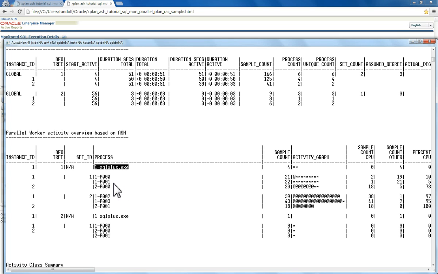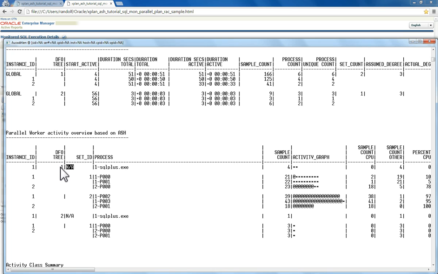But the point I'm trying to make here is that if you have activity sampled of the query coordinator, then it will either show up within the DFO tree, when it can be related to a DFO tree, but the set, since this is not about parallel slaves, there is no point in pointing out a set, therefore this is not applicable here. That's the reason why the set ID here shows up with this NA, and it would even be possible that this activity is also outside any DFO tree.